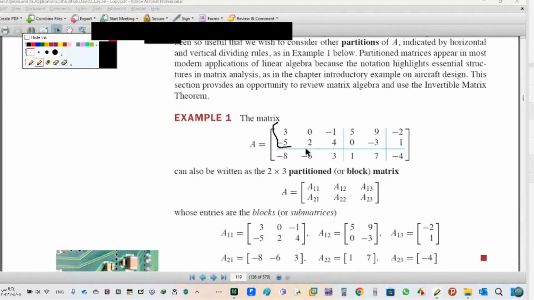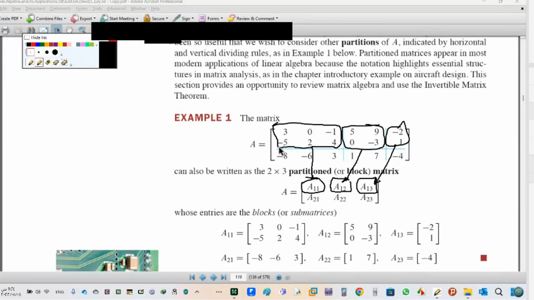So we can make small matrices like this, and after that, you can make operations on them. So this is the idea: a way to divide a big matrix into small matrices and deal with them.